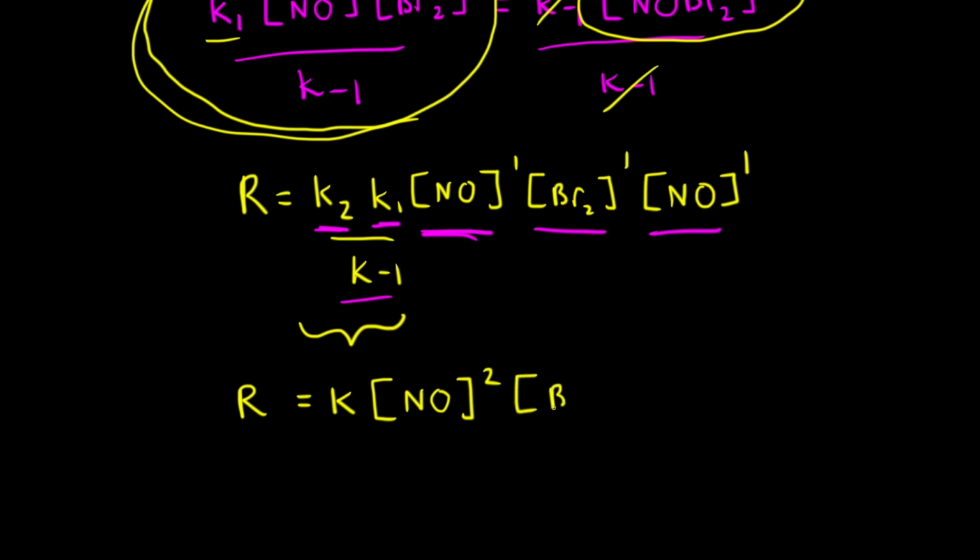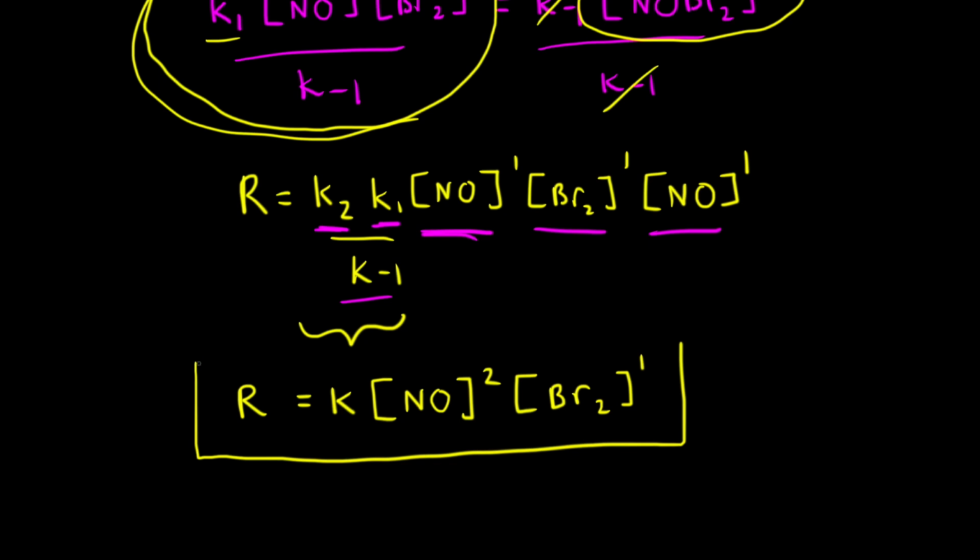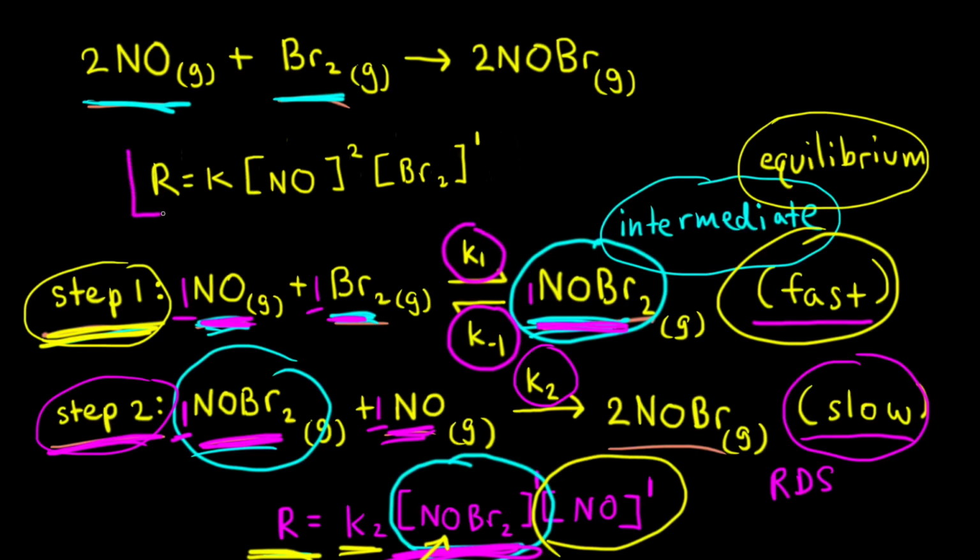So now we have a rate law for our overall reaction in terms of the concentration of our two reactants. The rate of reaction is equal to the rate constant k times the concentration of NO squared times the concentration of bromine to the first power. The experimentally determined rate law matches the rate law that we found using the pre-equilibrium approximation.